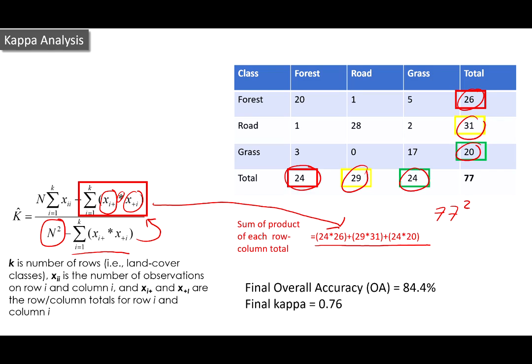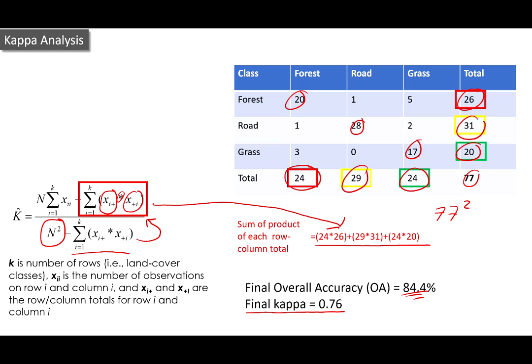And so when you turn the crank and run this through your Excel spreadsheet, you get an overall accuracy of 84%, remember, just based on the sum of the diagonals divided by 77. But there's only 3 classes, so you don't get all the credit for doing an okay job in this classifier. And that's expressed by this kappa that's somewhat lower.